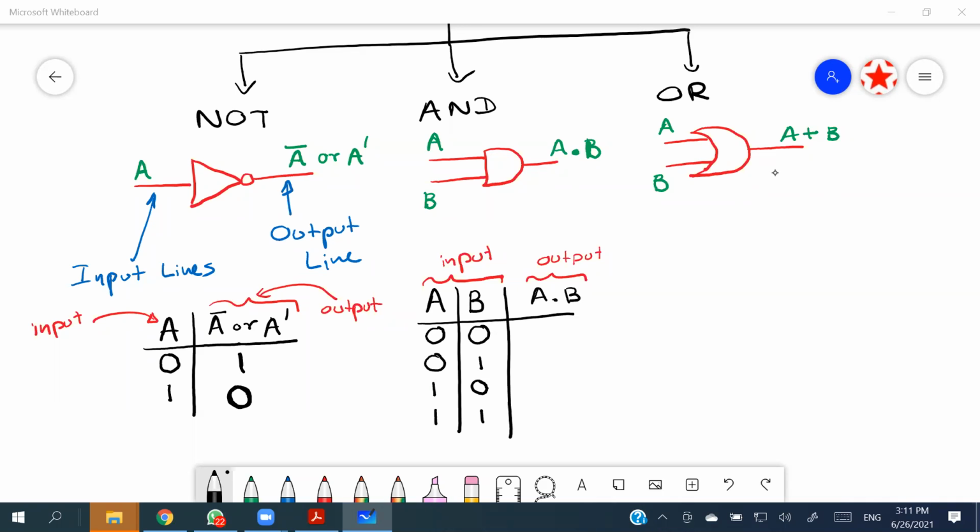0 into 0 will produce 0. 0 into 1 will produce, is it a 1? No, it's going to be a 0. 1 into 0, it's going to be a 0. 1 into 1 will produce 1. People, did you get that?